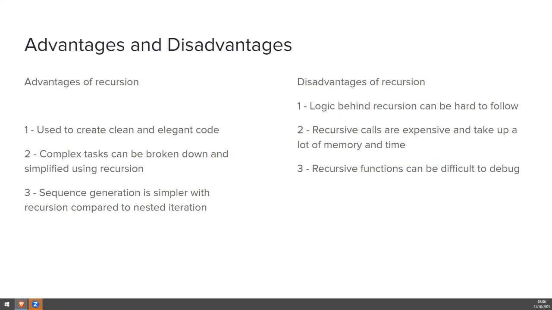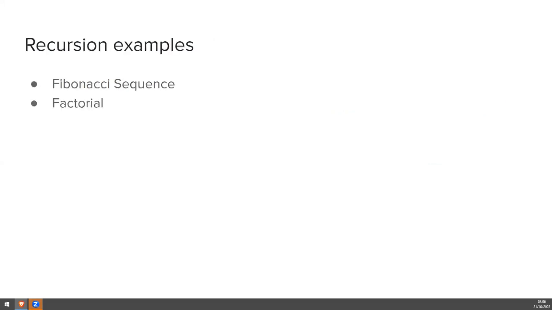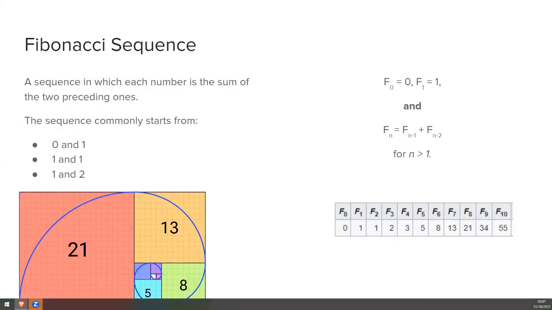Remember that. We're going to go through some examples of recursion using the Fibonacci sequence and the factorial. The Fibonacci sequence is a sequence in which a number is the sum of the 2 preceding numbers. The common way that the sequence starts is either with 0 and 1, 1 and 1, or 1 and 2.